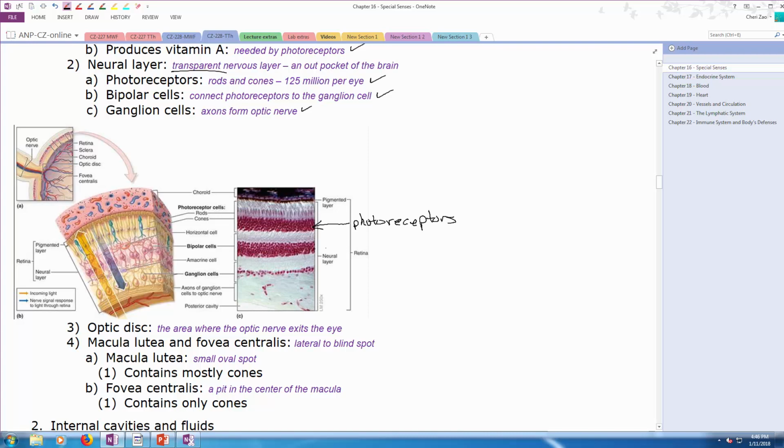Here are the nuclei of our bipolars. And then here are the nuclei of our ganglion cells.